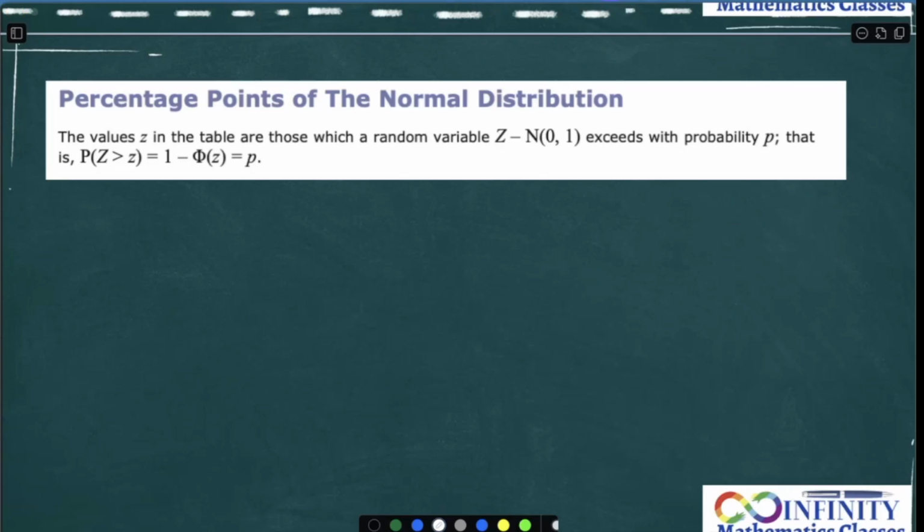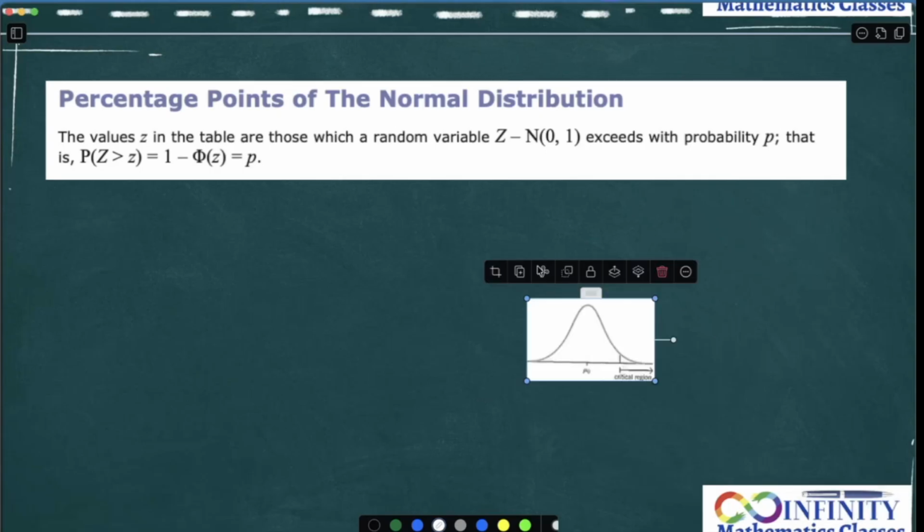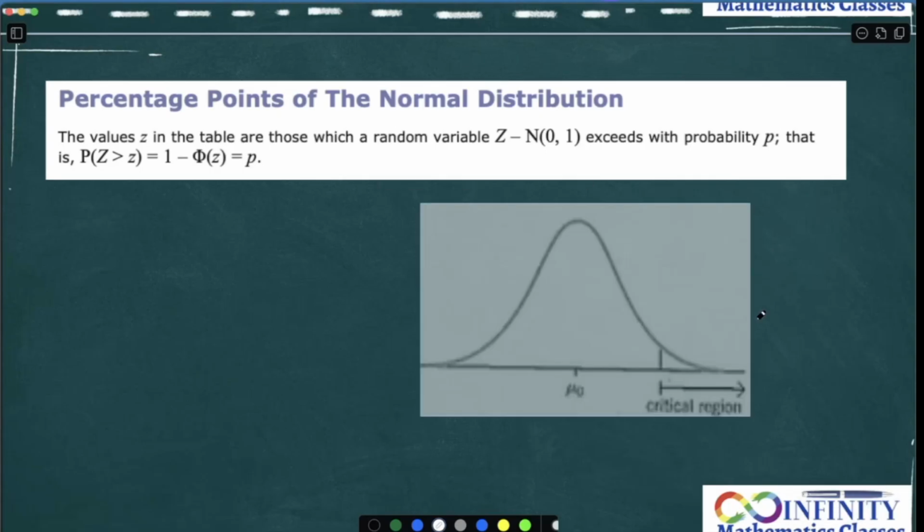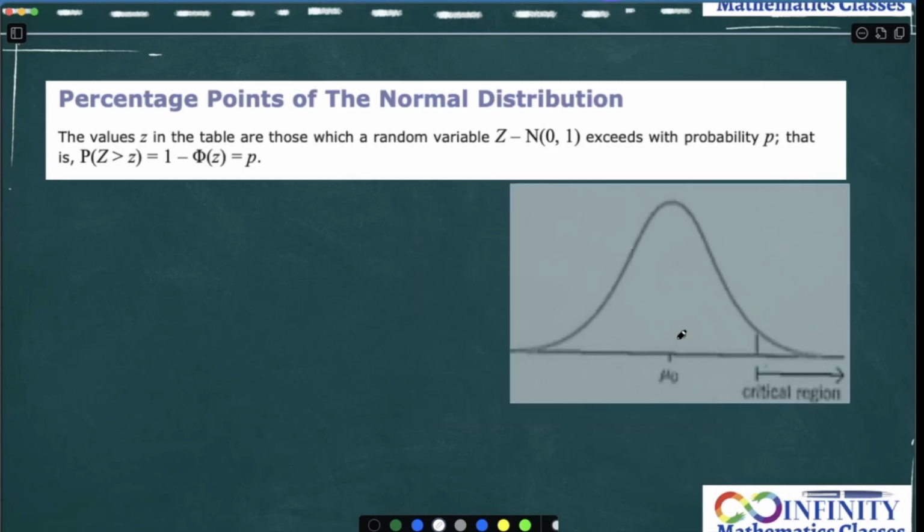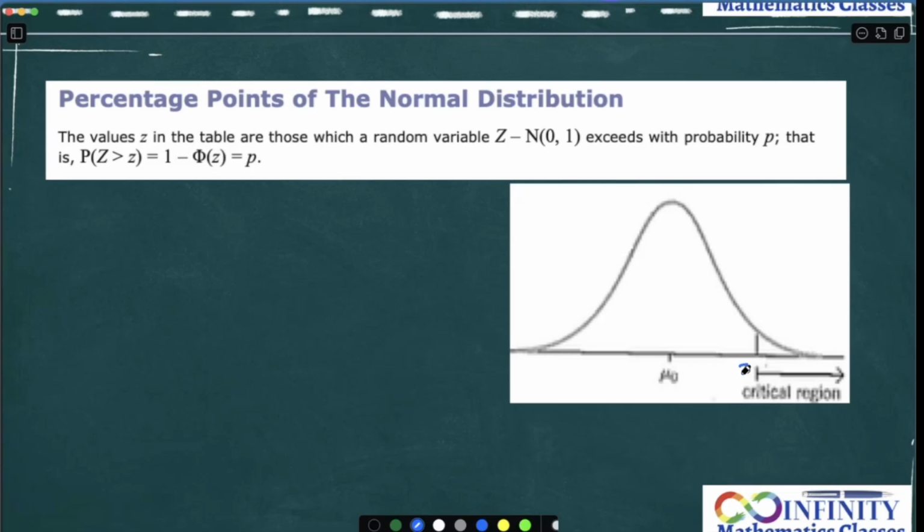If you have a normal distribution graph like this, and this is a small z, bigger than Z alpha, then capital Z will be any value after this.